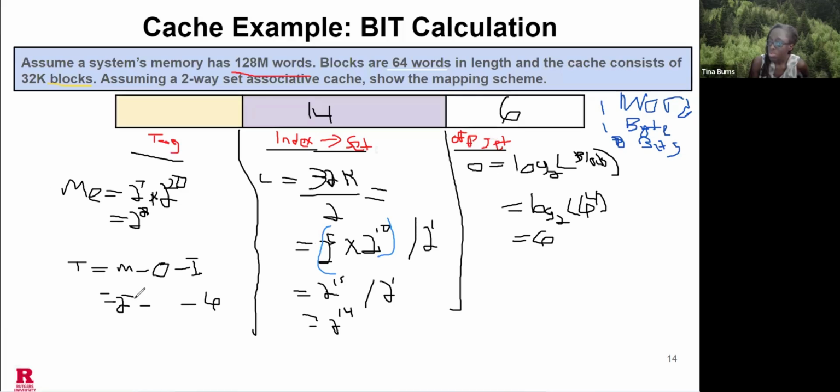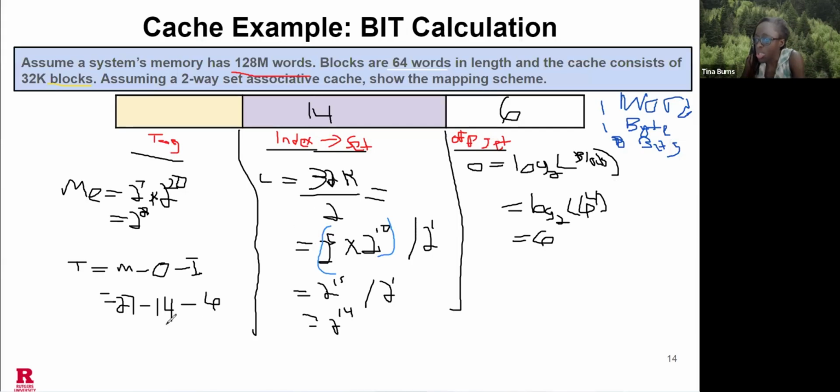So it's 27 minus 14 minus 6 should give us what we need in terms of our tag. All right, so given that, this gives us 7. And now we have all of our information for this particular bit.